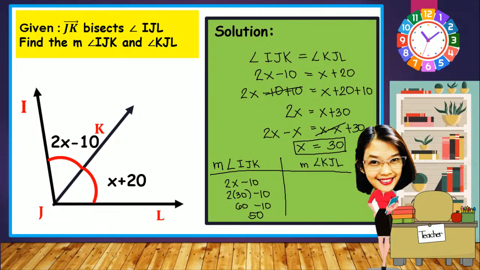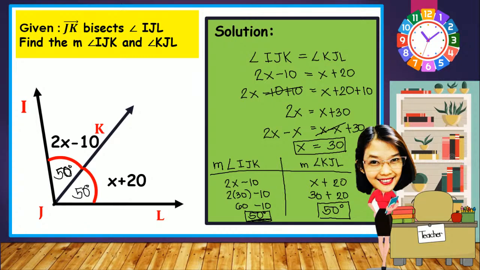KJL measures x plus 20. The value of x is 30, so we'll substitute 30 plus 20, so the answer is 50. So as you observe, our answer is correct because they are equal or congruent since from the given na-bisect sila. So ang measurement nito ay 50 degrees. At ito rin ay 50 degrees.